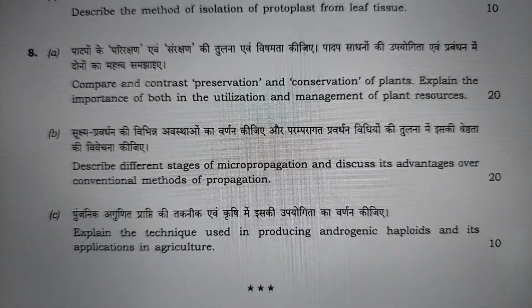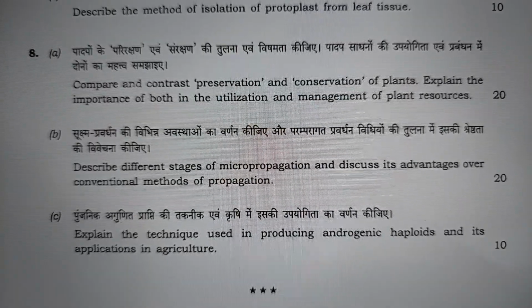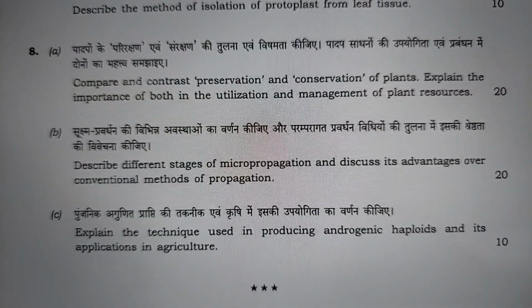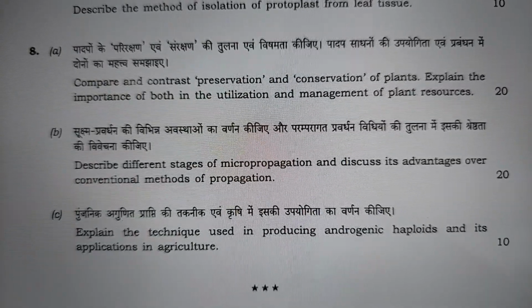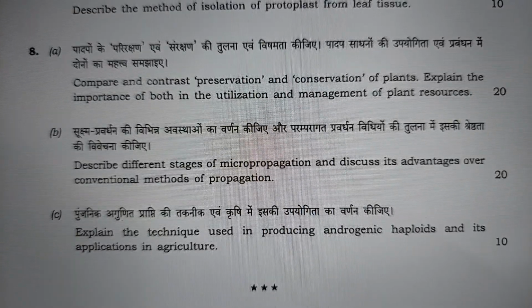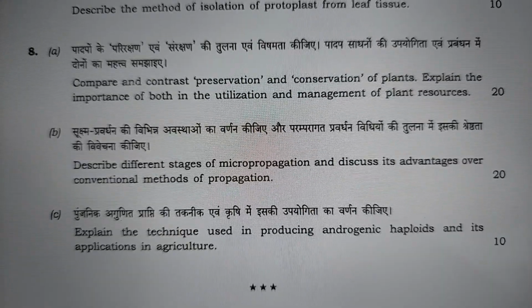Option B is describe different stages of micropropagation, 10 marks, and discuss its advantages over conventional methods of propagation, 10 marks, total 20 marks.